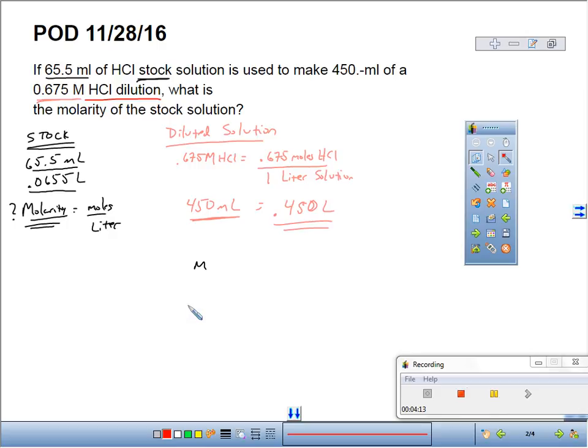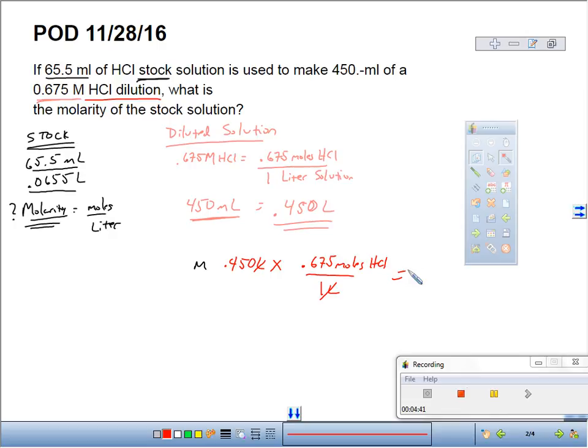So let's follow along and see how this works. I can say 0.450 liters times 0.675 moles of my HCl per 1 liter. Liters and liters cancel.